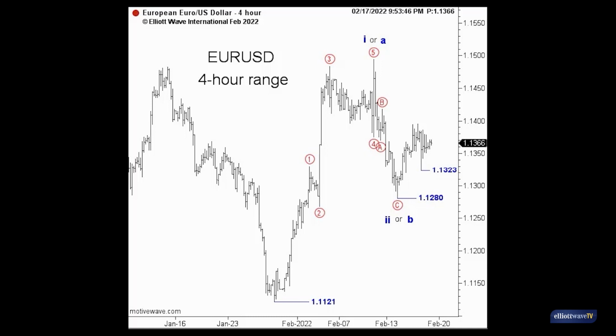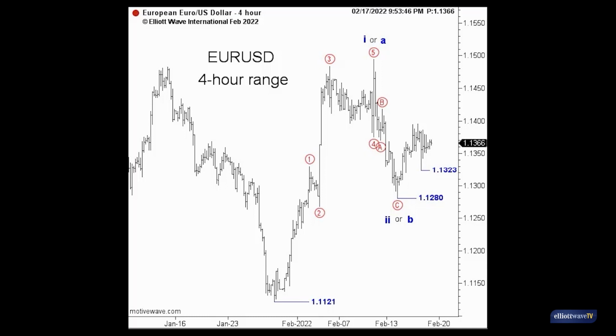So I just want to reiterate how the wave principle, with just a few rules and a handful of guidelines, allows us to track markets, identify the trend, identify areas where corrections should end and where they should not go, and then limit our risk associated with an outlook that, in this case, euro dollar has turned to the upside.